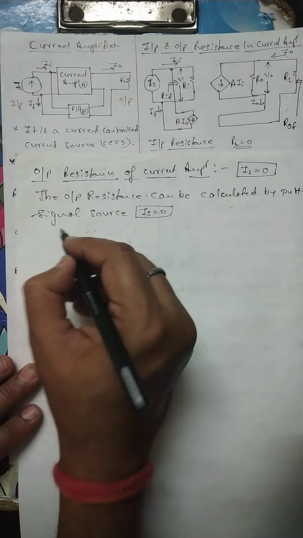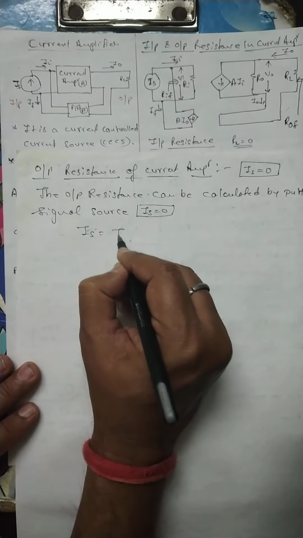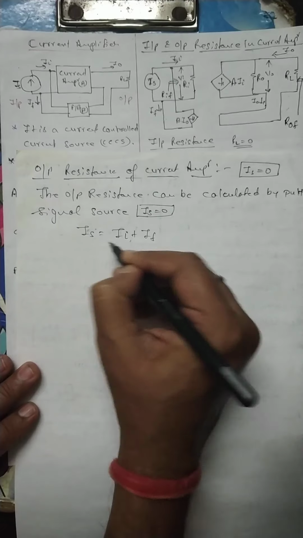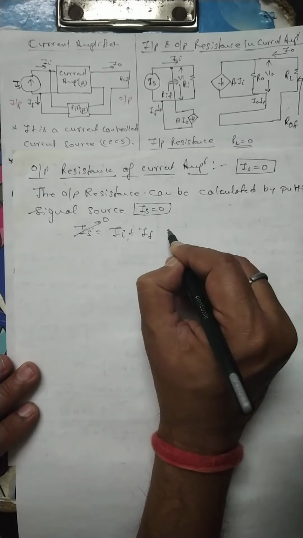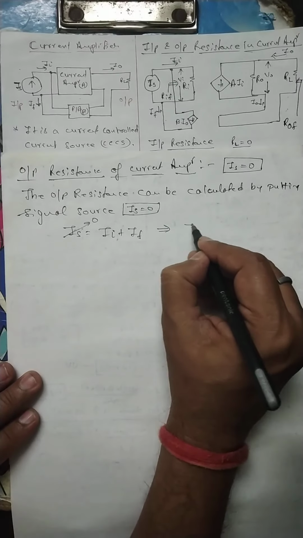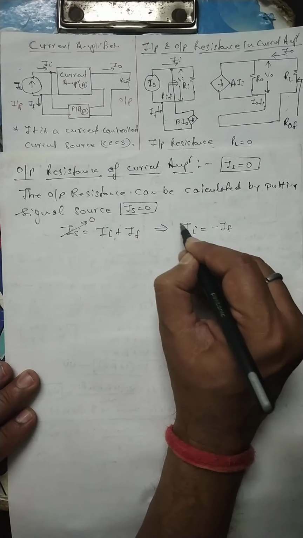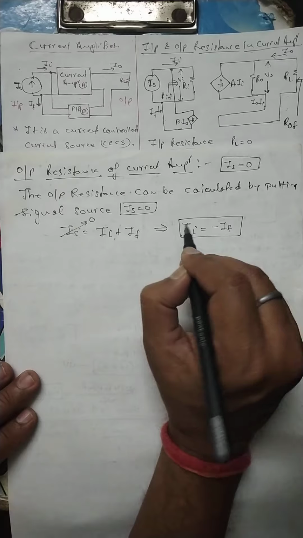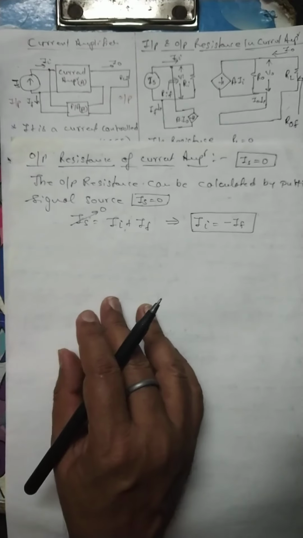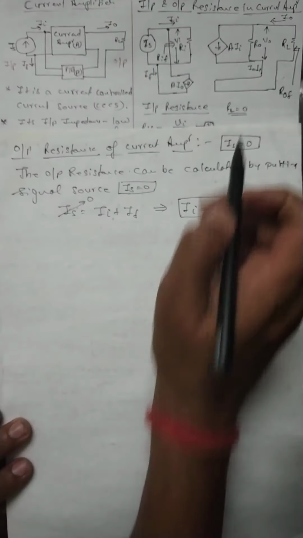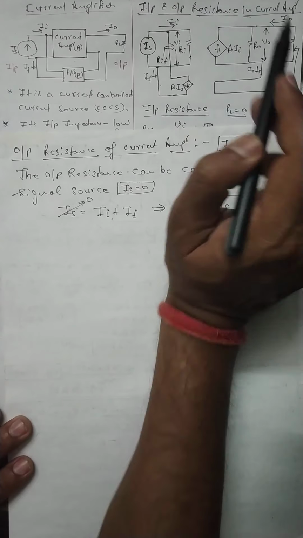Now, Is is equal to II plus IF, and Is is equal to 0, which implies II is equal to minus of IF.